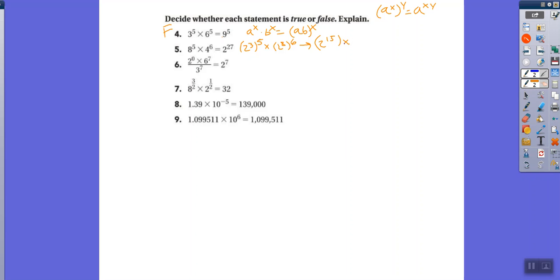And we're going to multiply that by, well, 2 times 6 is 12, so this is 2 to the 12th. And now this is making me recall the rule, a to the x times a to the y is equal to a to the x plus y. So I add the exponents. 15 plus 12 is 27. That is a true statement.